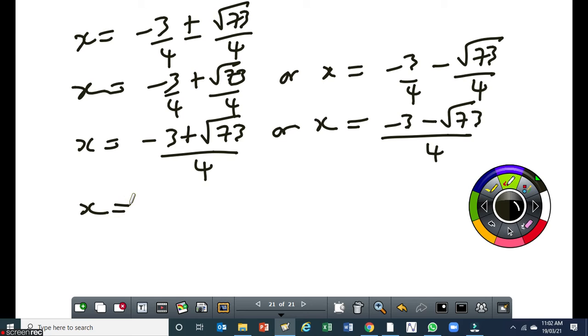If the question said leave your answer in surd form, you would stop here. But I want to go further. What would be the answer? 1.386, so that would be 1.39 to 2 decimal places. And the second one would be negative what?